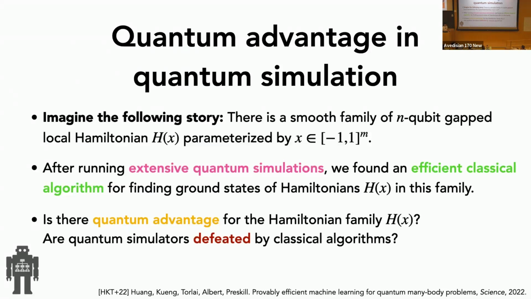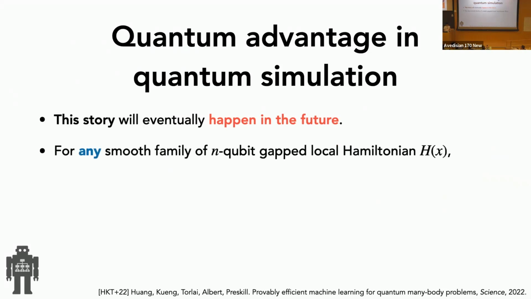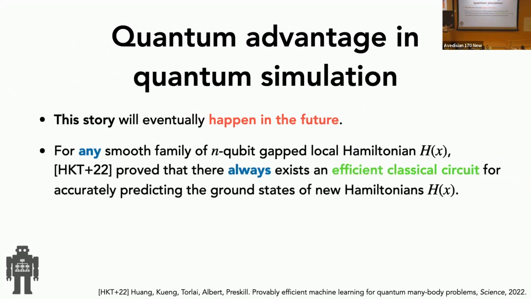This is just a hypothetical story, but I do believe that this story will eventually happen many, many times in the future. And in a way, the theorems that I just talked about already say that this will have to happen, because for any smooth family of n-qubit gapped local Hamiltonians, our result proved that there always exists an efficient classical circuit that can accurately predict the ground state of new Hamiltonians.